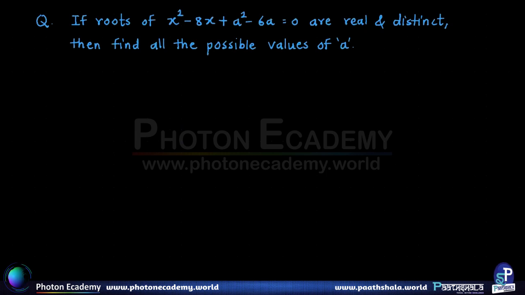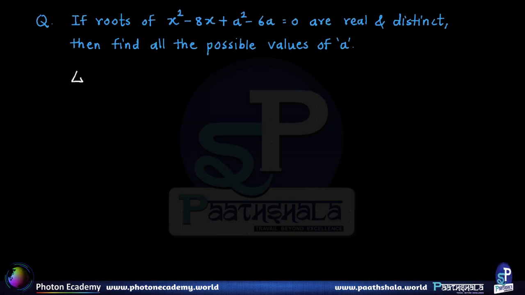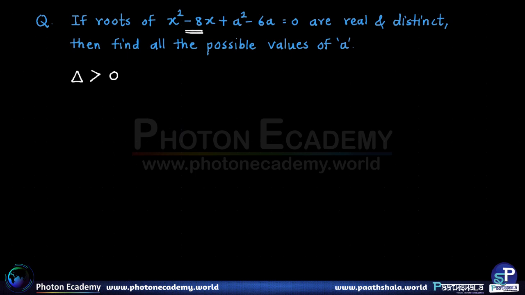Now we know that the condition for roots to be real and distinct is nothing but the discriminant should be greater than 0. So writing down the value of discriminant, see here b stands for the value minus 8, a is 1 and c is nothing but a square minus 6a.